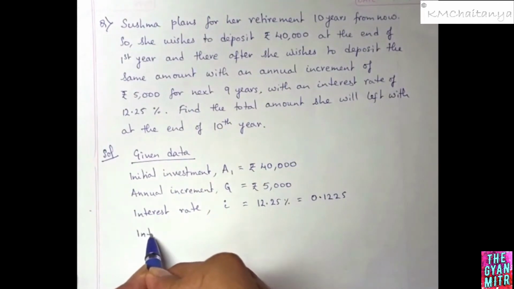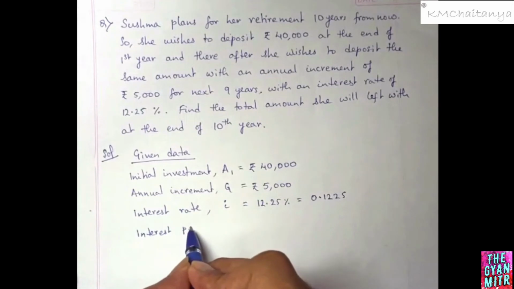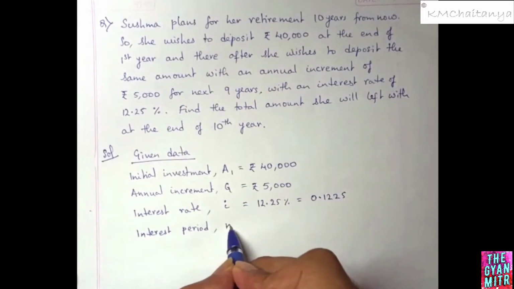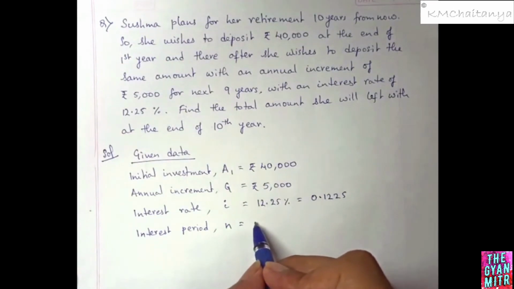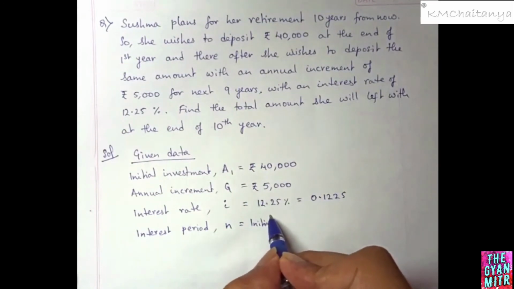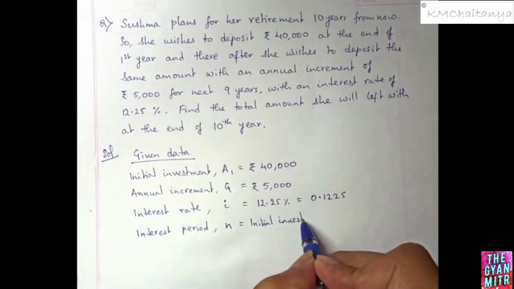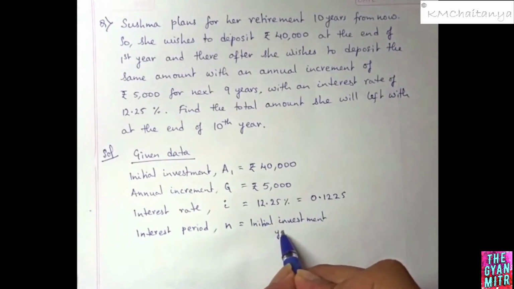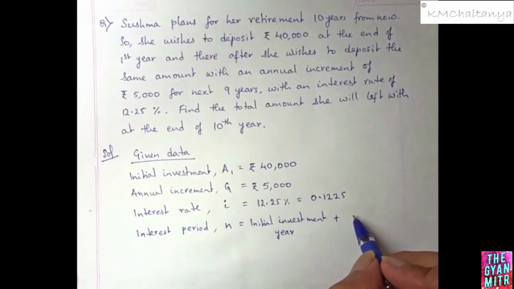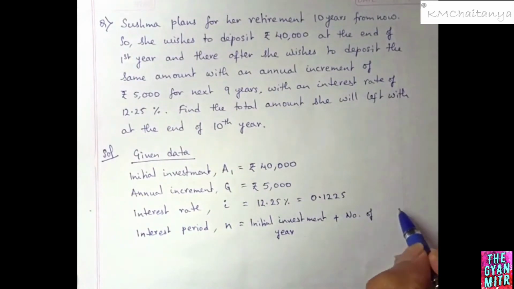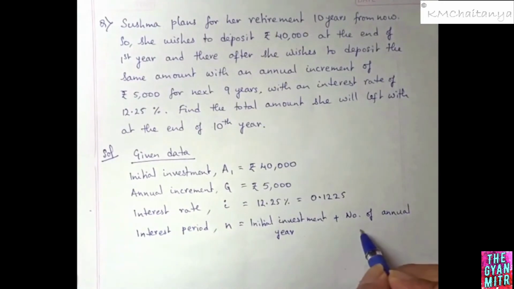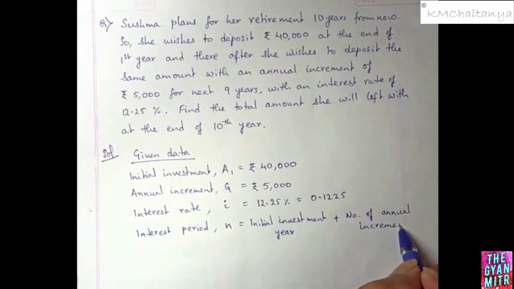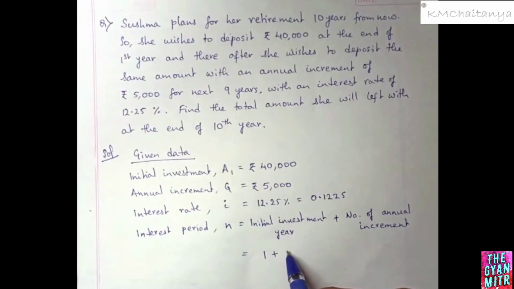Now the interest period, that is N, is equal to the initial investment period, 1 year, plus the number of annual increments, which is equal to the first investment period plus 9 annual increments. Therefore the value of N is 10 years.